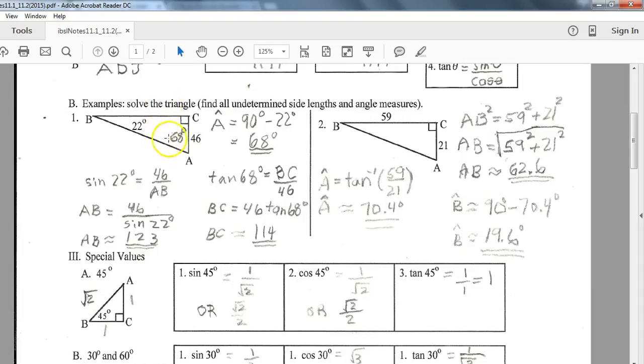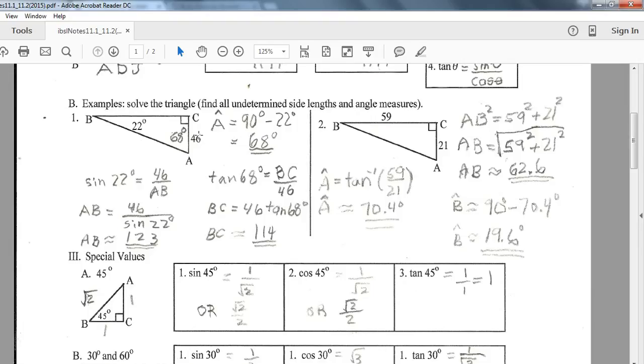So in this case, we know two angles, the 22 and the 90, and we know one side, which is 46. They'd always give you three pieces of info, and you have to come up with the other three. All the things you just saw up above in part A are what you would use to come up with those angles and sides.